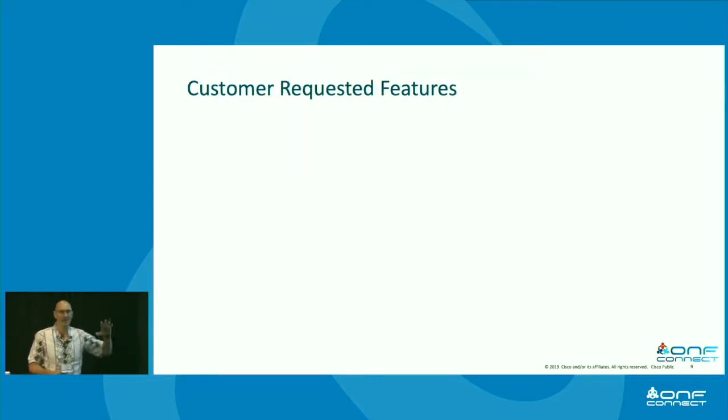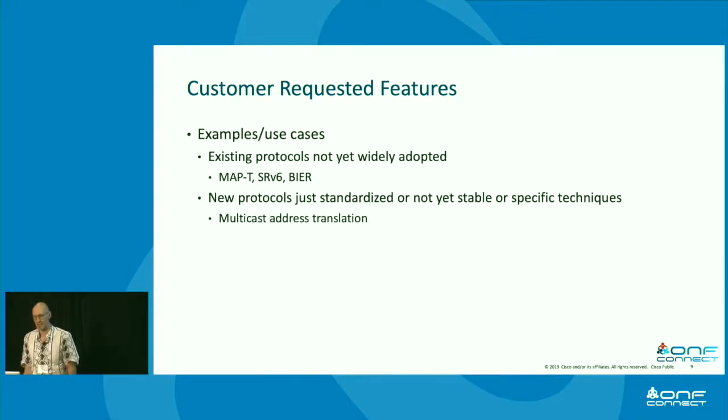And finally, I think a major opportunity that vendors have is to be able to finally listen to their customers. When customers want new features, they can tell them, I'm going to give you your feature in a short amount of time, not in 2 or 3 years. And there are plenty of examples. For example, protocols that are well established, but for whatever reasons we don't have hardware implementations.